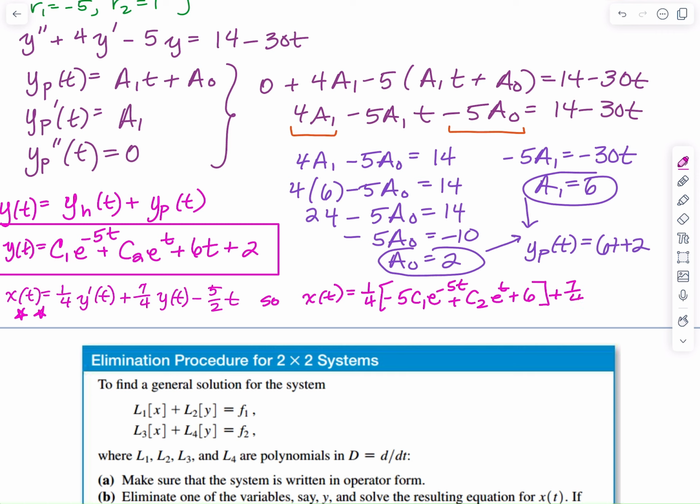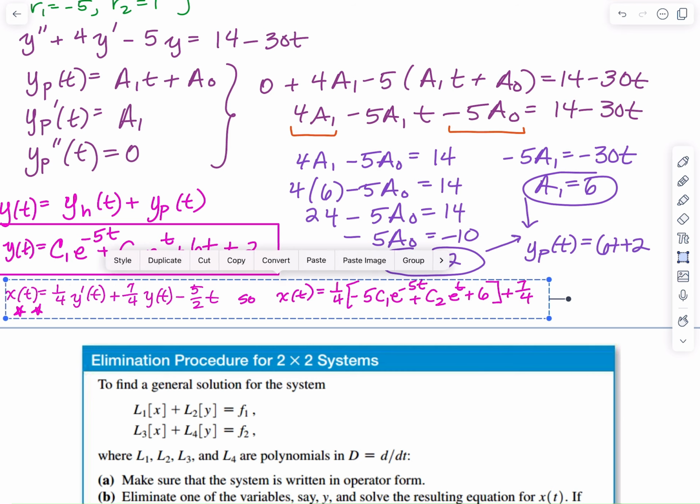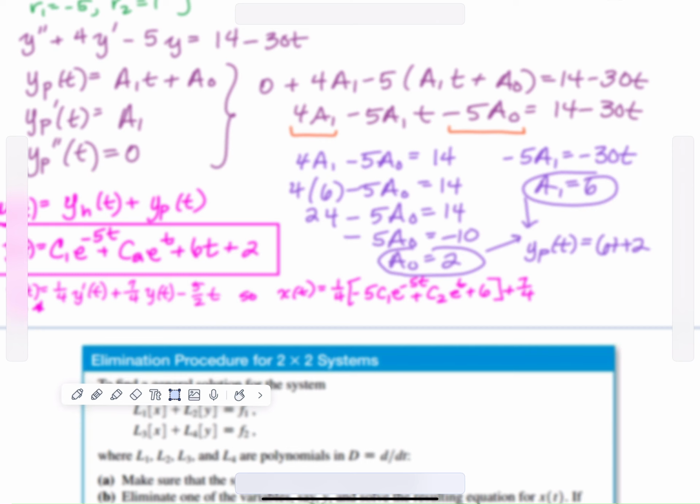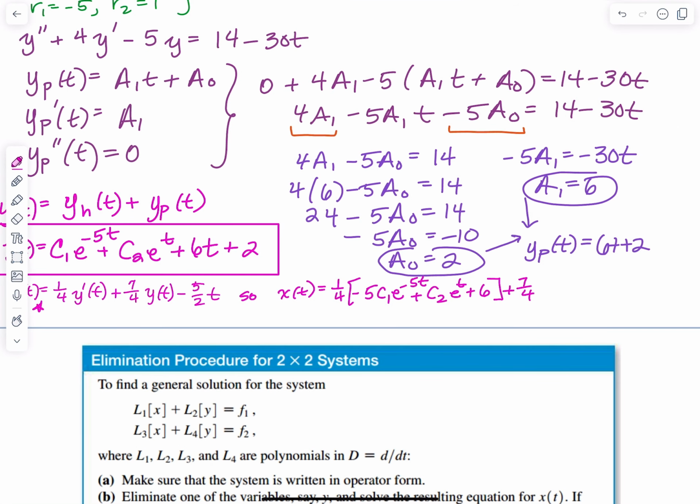Plus 7/4, and now we will multiply by our y, which is c1 e to the negative 5t plus c2 e to the t plus 6t plus 2, and then we still have that minus 5/2 t.